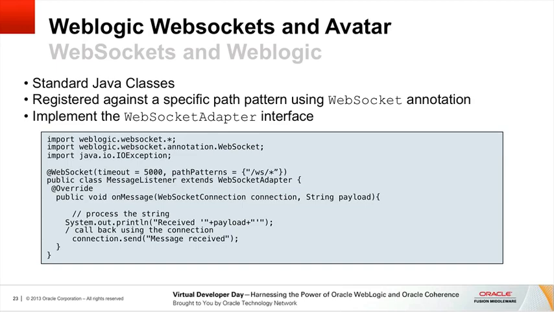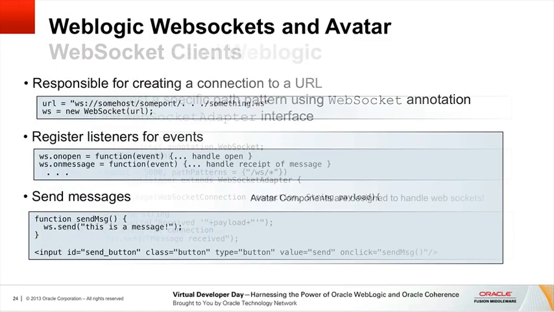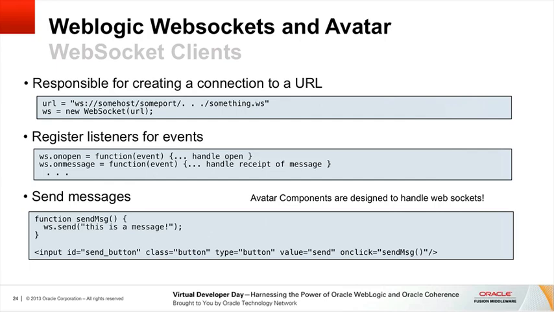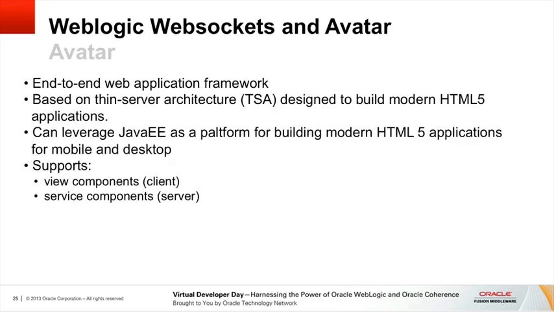You'll note that the message listener extends WebSocket and implements the onMessage method. On the client side, typically clients are responsible for creating a connection to a URL, registering listeners for events, namely on open, on message, on close, and for sending messages over the WebSocket. Avatar components, which we'll talk about next, have been designed to handle and work with WebSockets directly out of the box. So let's talk about Project Avatar.